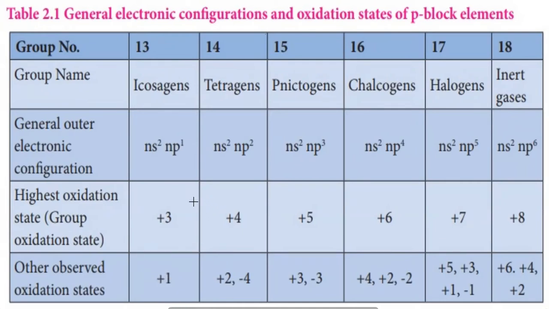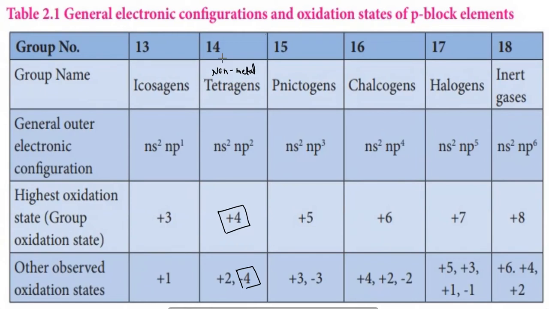Now the highest oxidation state, that is the group oxidation state, here it will be +4. The other observed oxidation state here can be -4 also, because generally all the elements present in group 14 are non-metals.